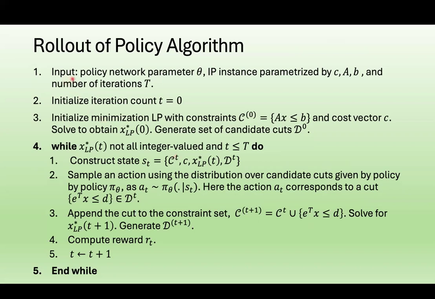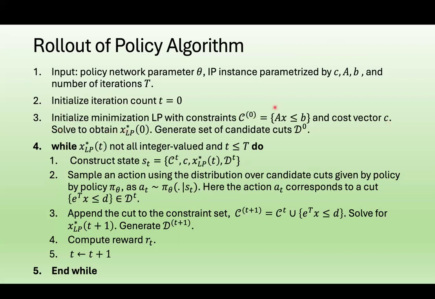We take as input the policy network parameter theta, an IP instance parameterized by c, A, b, and the number of iterations, capital T. We initialize the iteration count as t equals 0. We then initialize the minimization LP with the constraint set C_0, which is the feasible region at the 0th iteration, given by Ax less than or equal to b, and a cost vector c, which is nothing but the coefficients corresponding to the objective row.